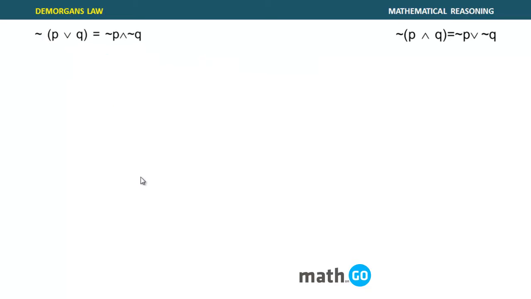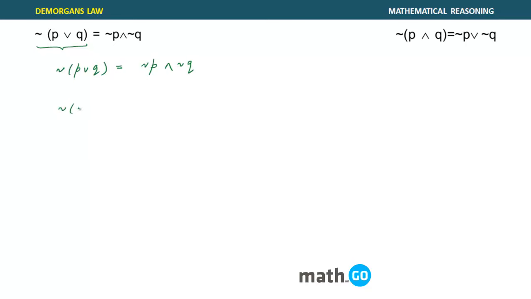Now let us see how we apply negation in compound statements or compound connectors. We will use De Morgan's law for this. The formula is that if you negate P or Q, negation of P or Q will be nothing but negation P, change the connector, and put the negation sign on Q also.